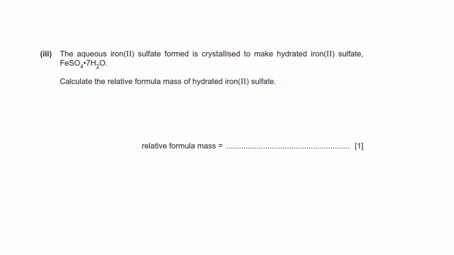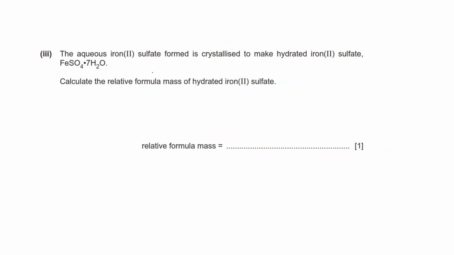Then it says the aqueous iron 2 sulfate is crystallized and made into hydrated iron 2 sulfate, FeSO4.7H2O. Calculate the relative formula mass for hydrated iron 2 sulfate.